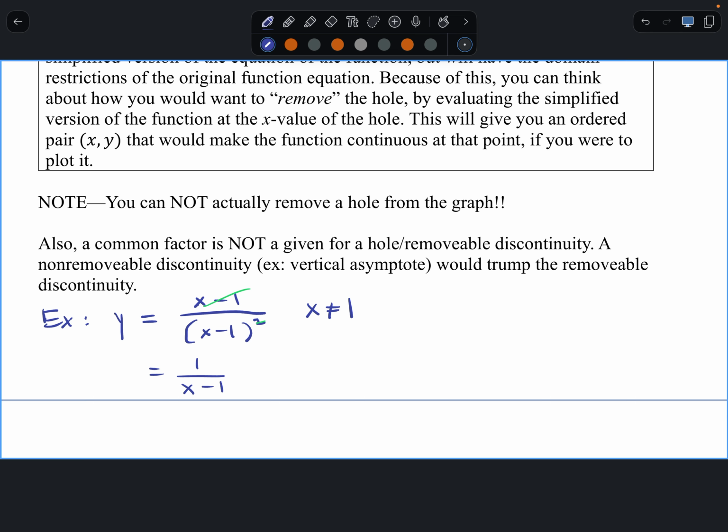Like this is 1 over x shifted to the right 1. If we were to plug in, well, here we get 0 over 0. In the simplified version of the equation, if we plug in 1, we get 1 over 0, which corresponds to a vertical asymptote, which means that x equals 1 is actually a non-removable discontinuity.